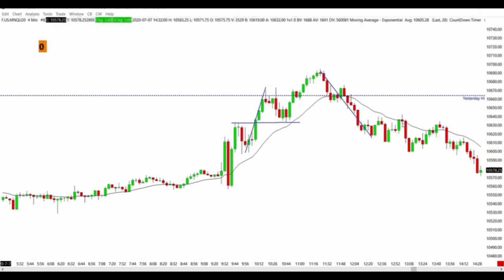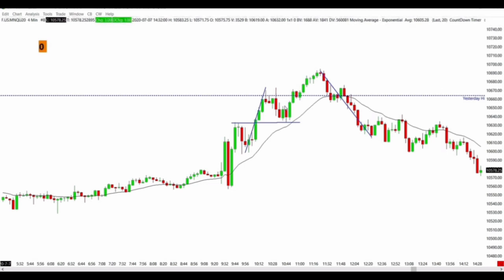So if I'm getting in right here, underneath this candle, I'm looking for the market to go 15 ticks in profit, okay? So whatever size the candle is, you're looking for a 1-to-1 based on that candle size, all right? So that's pretty much it when it comes to putting your stop loss and looking for your first profit target, okay? So you're going all in and all out on your first target.